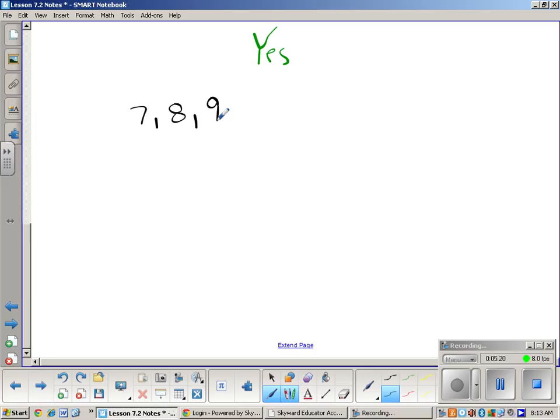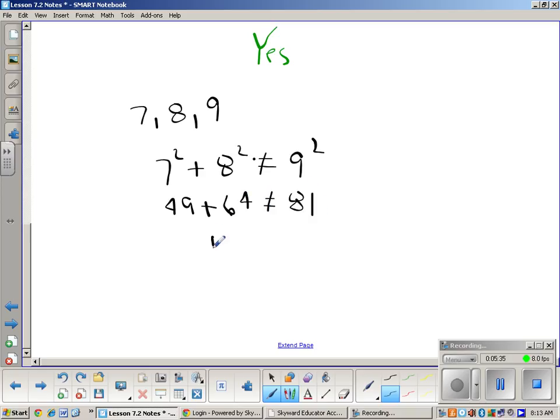Okay, you're saying 7 squared plus 8 squared does not equal 9 squared because 49 plus 64 does not equal 81. What does 49 plus 64 equal? 113, and I agree that does not equal 81. So the answer is no. It's not a Pythagorean triple. Okay?